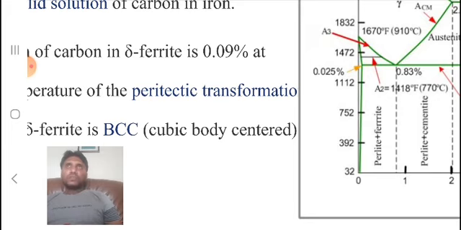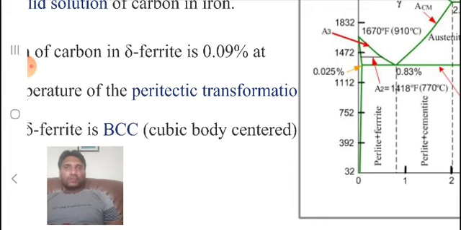High carbon steels are only used in high speed tool steels, that is, in cutting tools we use high carbon steels where hardness is very much required. Otherwise, in almost all engineering applications we use medium carbon steels or low carbon steels.